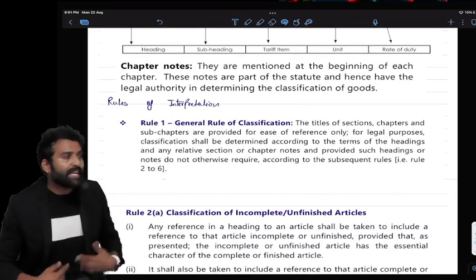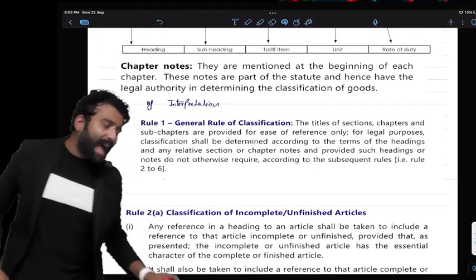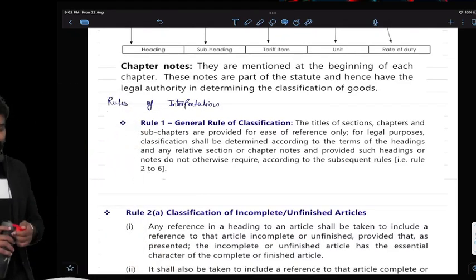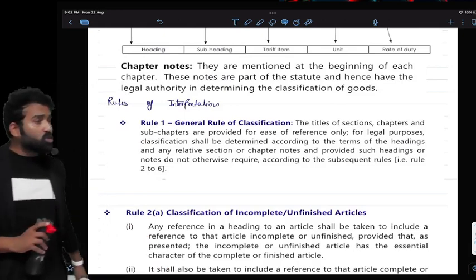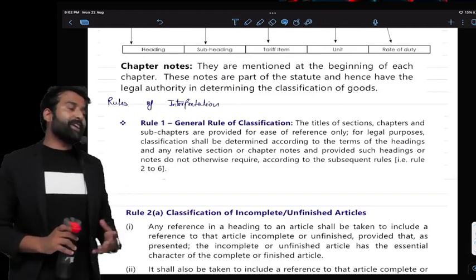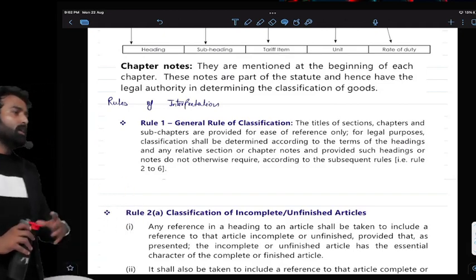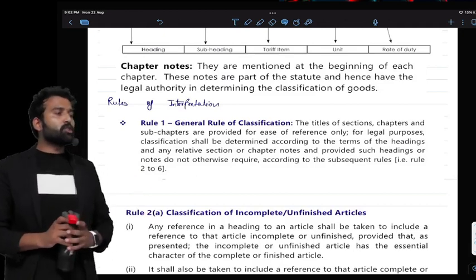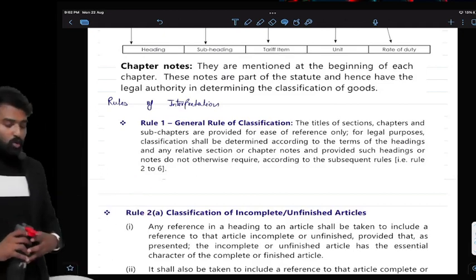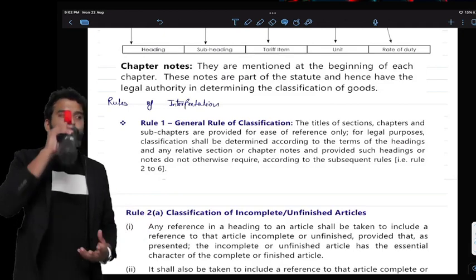If I am not able to find out the rate of goods, I have to follow some rules of interpretation. And now I have to discuss what are the rules of interpretation, what are the classification rules. These are also called general classification rules. Classification rules for tariff. It is also called rules for interpretation.